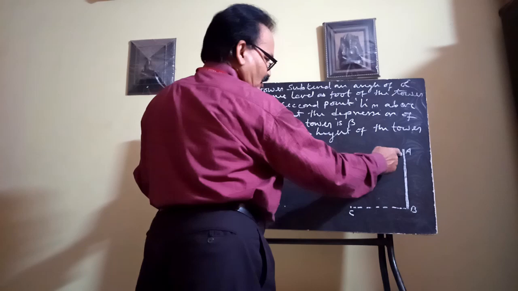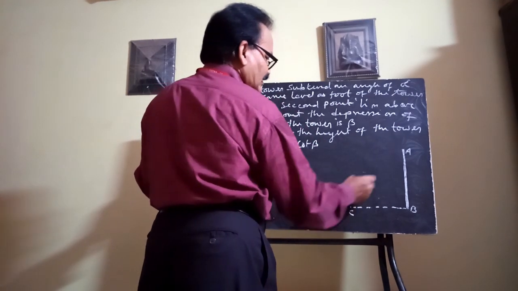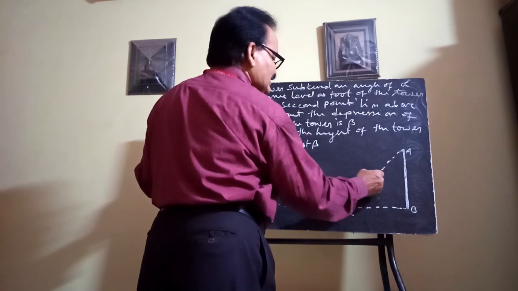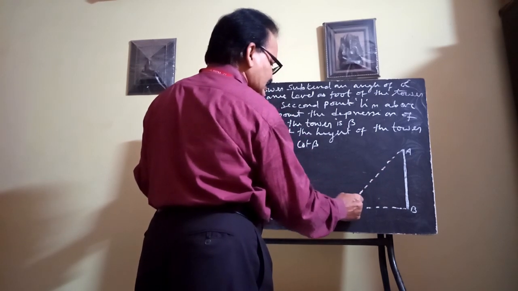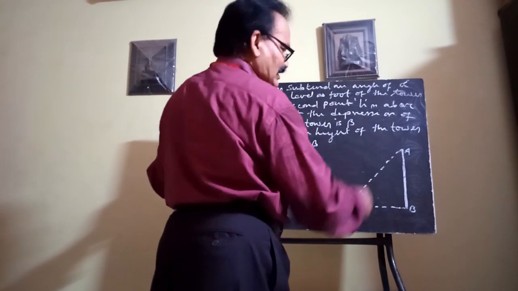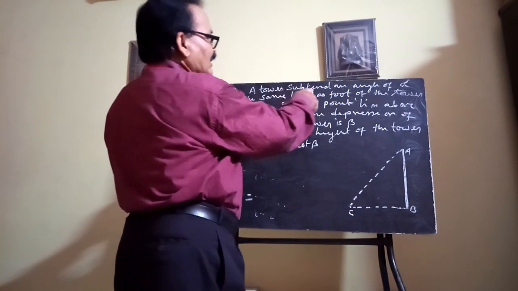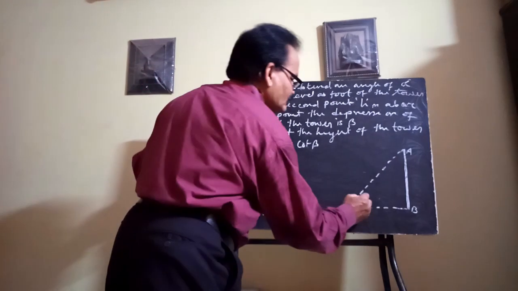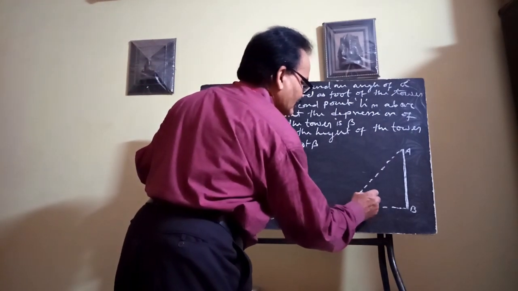Now from the top of this tower, if we join this, then the tower subtends an angle alpha at the same level as the foot of the tower. So here it makes an angle alpha.